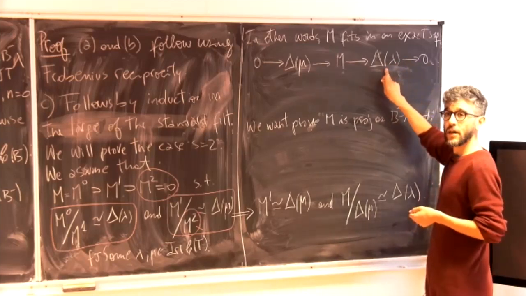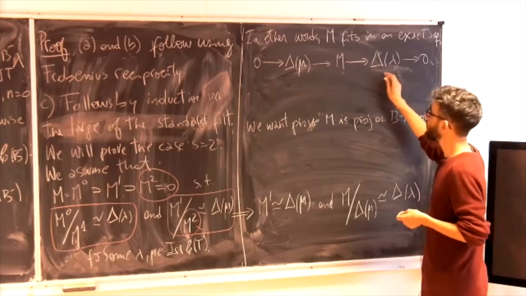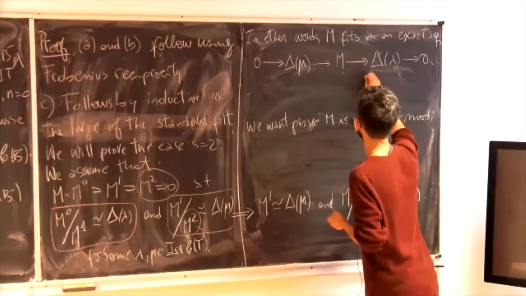And if delta lambda is projective, there exists a section of this map.